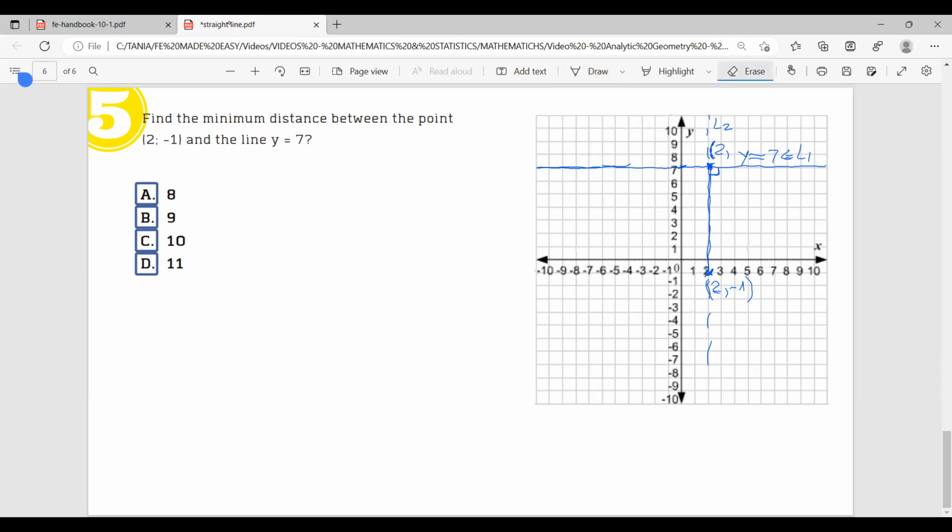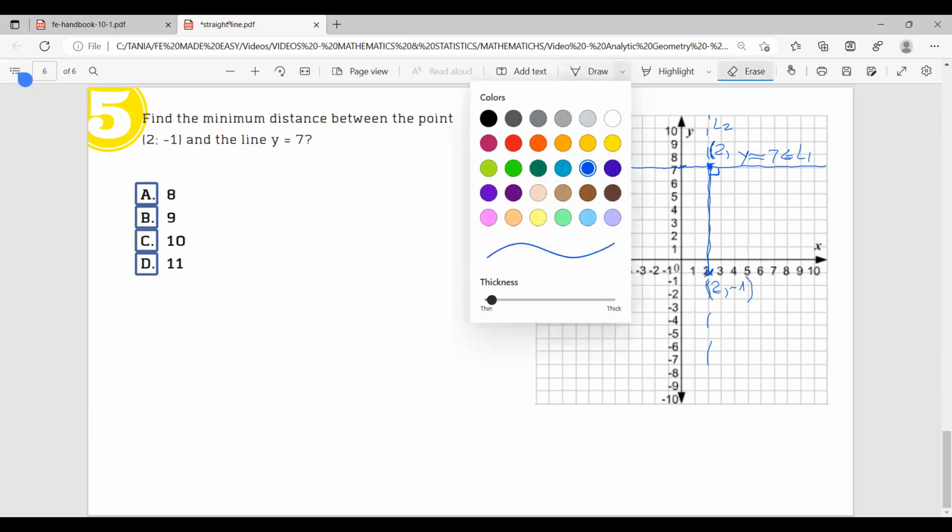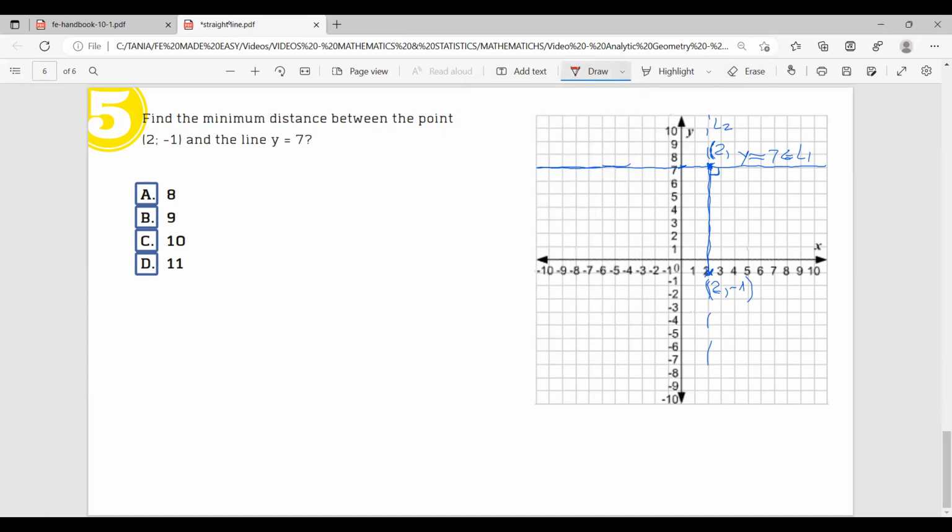Let me try and use a different color, let me try and use red, just to make things clear. So we know the x coordinate of this point here comes from the fact that this line L1 is parallel to the x-axis, and we have to find the minimum distance between this point here and this parallel line.